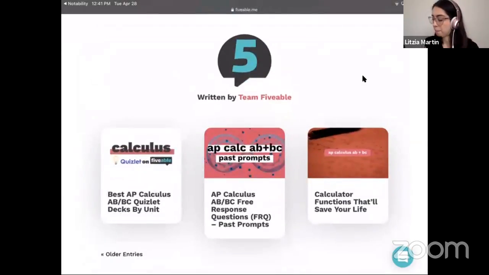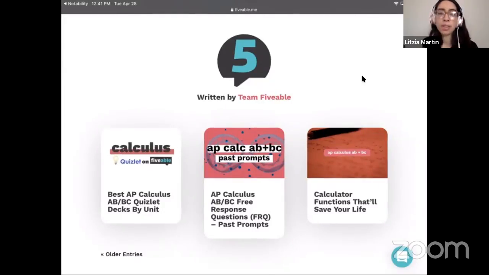This first one is Quizlet decks. So even though you technically don't need to have things memorized, I still really recommend that you memorize or internalize a lot of these different definitions, because remember, you only have 45 minutes.